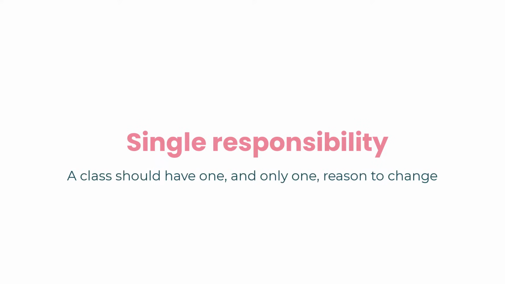The first one I'm going to start with is the single responsibility principle, which says there should never be more than one reason for a class to change, which means that some component or class or model should do only one thing, but do it well.